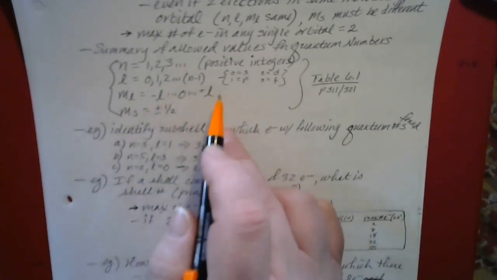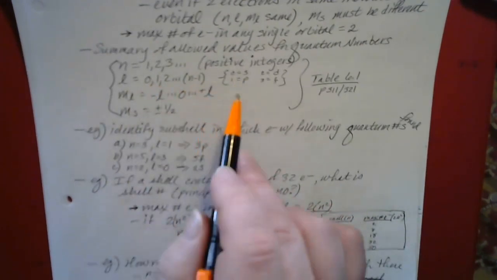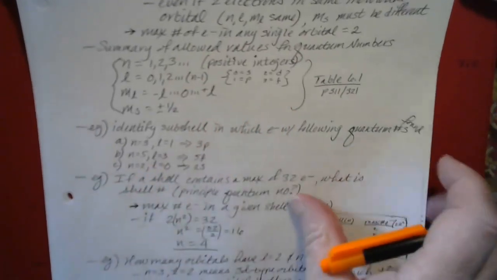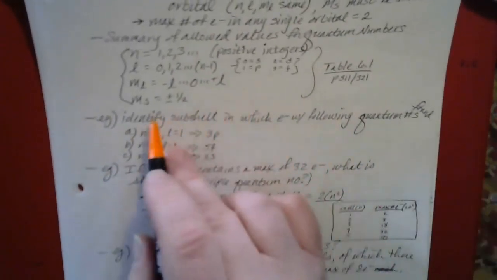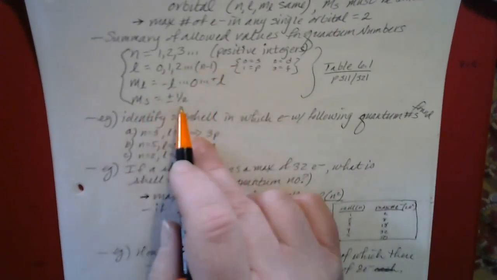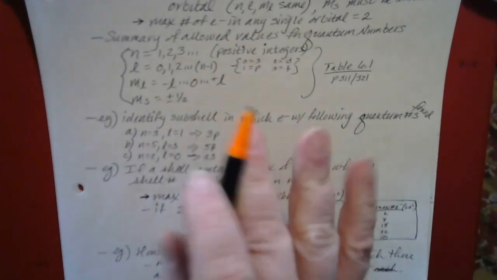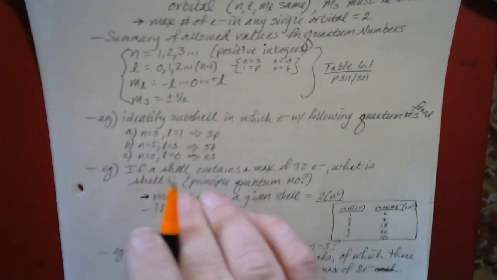That's 3 possible values, because if L equals 1, you're talking about p orbitals, and there are 3 of them in any given energy level, and so on. And then M sub S doesn't depend on the values that come before it. M sub S can be plus or minus 1/2, but those are the only possible values.